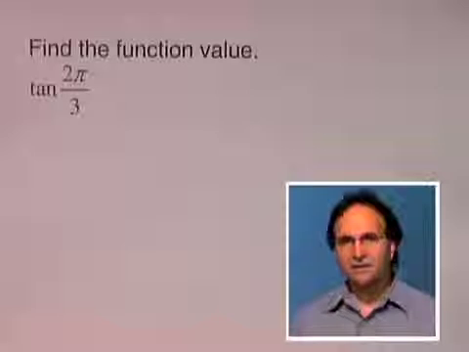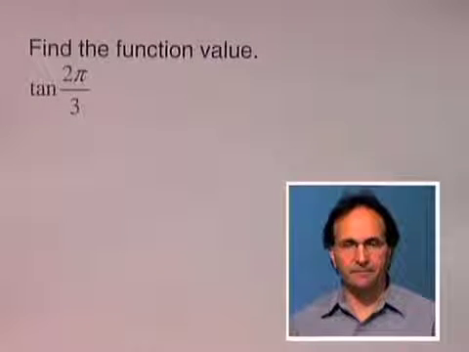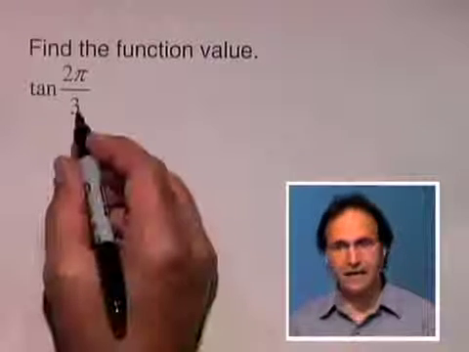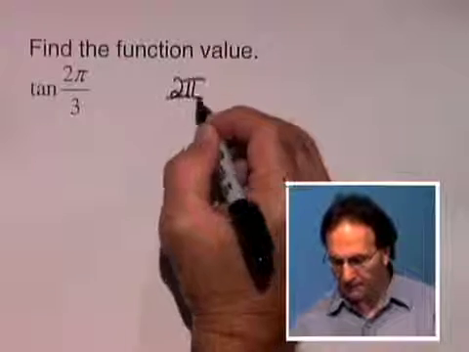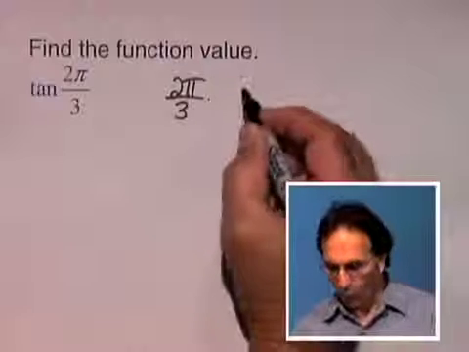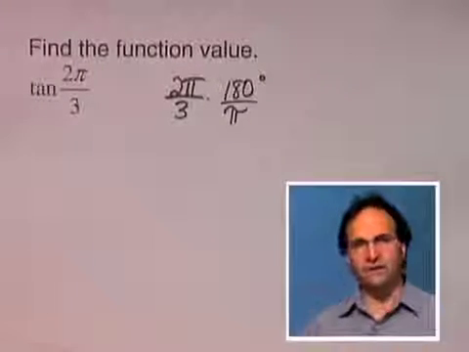In this example, we'll be finding function values of angles in radian measure. Find the function value tangent of 2 pi over 3. The first thing we're going to do here is to convert this radian measure to degrees. So 2 pi over 3 multiplied by 180 over pi degrees.